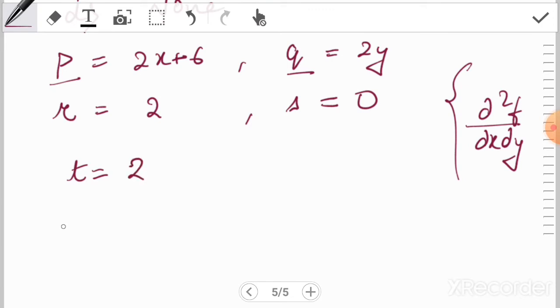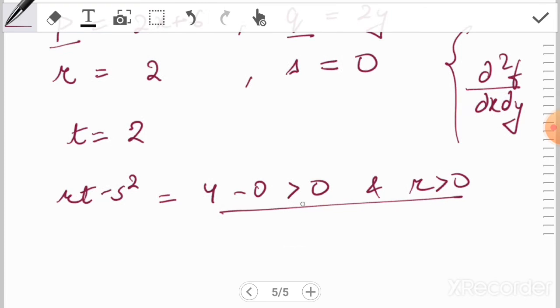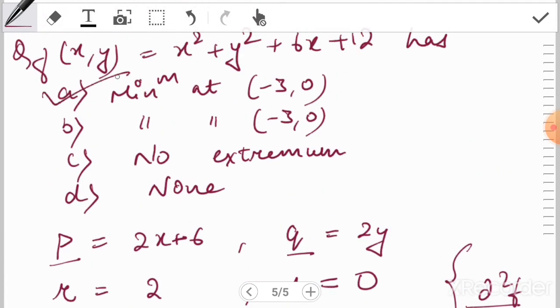So rt minus s square is equal to 4 minus 0, which is greater than 0, right? And r is also greater than 0. That means it is a minimum. Okay, so minimum at minus 3 comma 0.